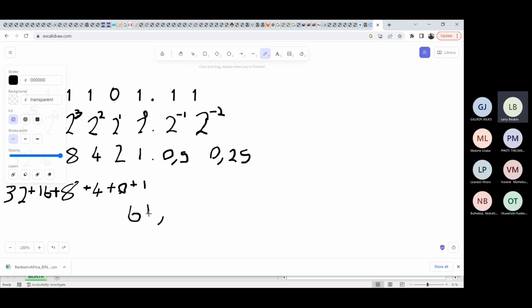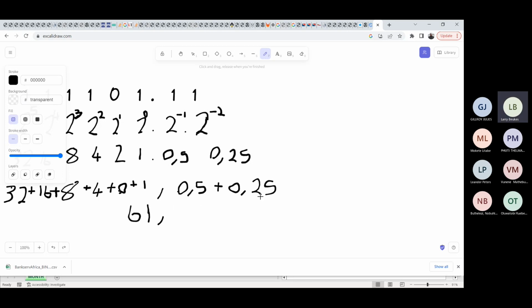Okay, so here's the problem. Here it was 61. So now we know this bit is present, right? So this is 1 multiplied by 0.5, which is 0.5, plus 1 multiplied by 0.25, which is 0.25.